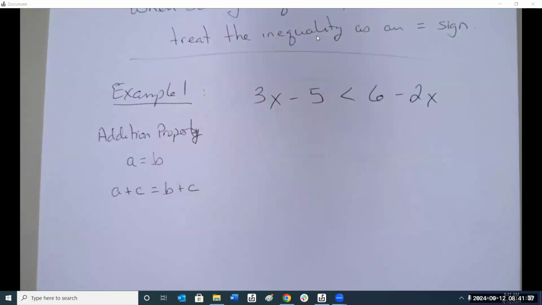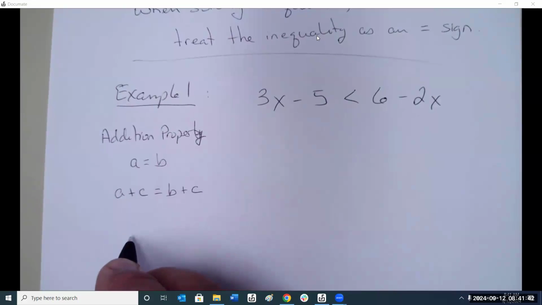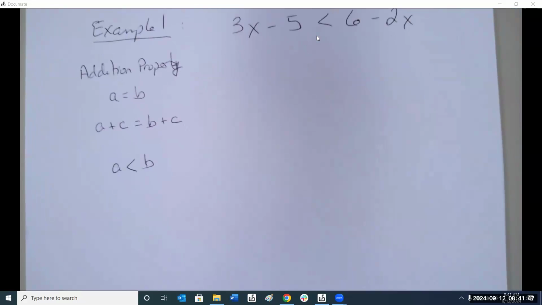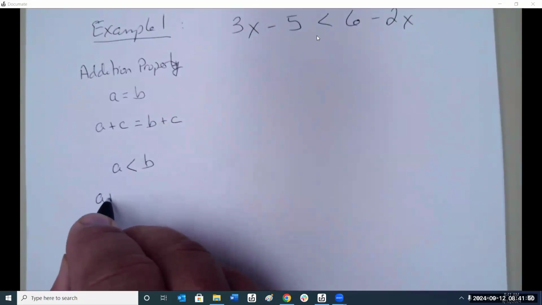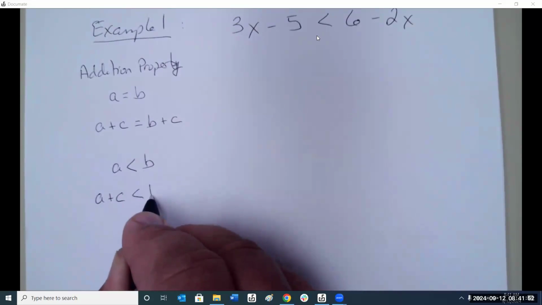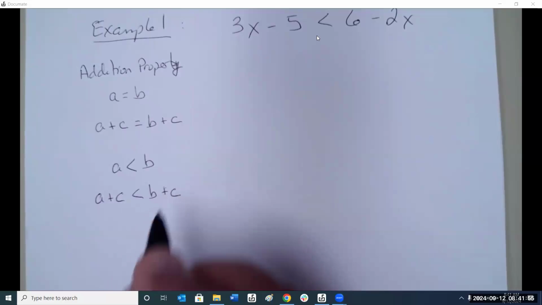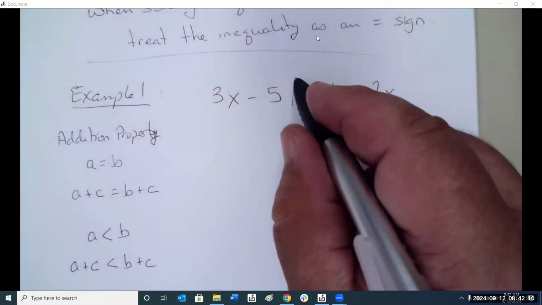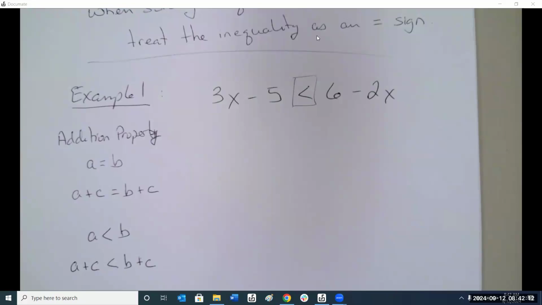Whatever you do to one side, you have to do the golden rule. So that's with equality. So if we had the inequality, if A is less than B, and if I add a number to the left side, I also have to add it to the right. And the inequality stays the same. Yep. It's treated like an equation, but in the end, you know that it has to be a less than symbol.